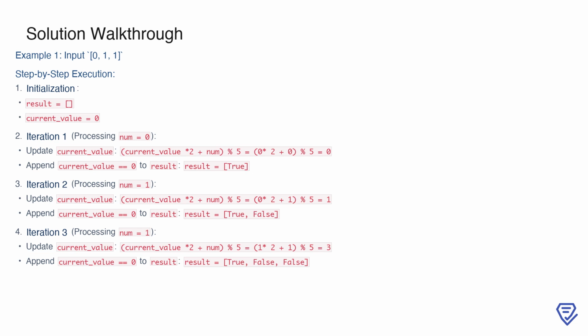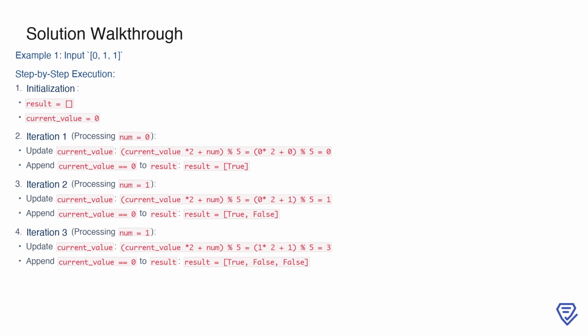Now, in the first iteration, we process the number 0. The formula, (current_value * 2 + num) % 5, calculates the new current_value. Substituting the values, we get (0 * 2 + 0) % 5, which equals 0. Since current_value is 0, we append true to the result.